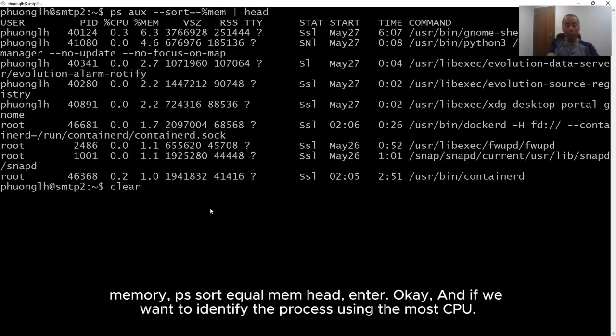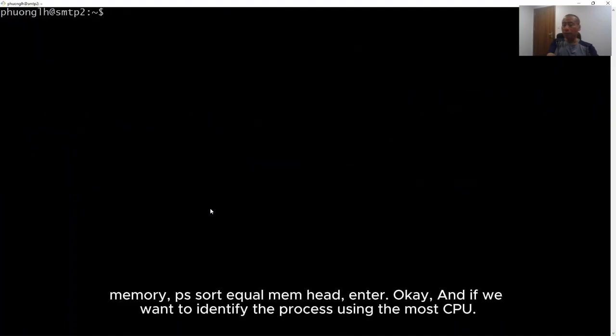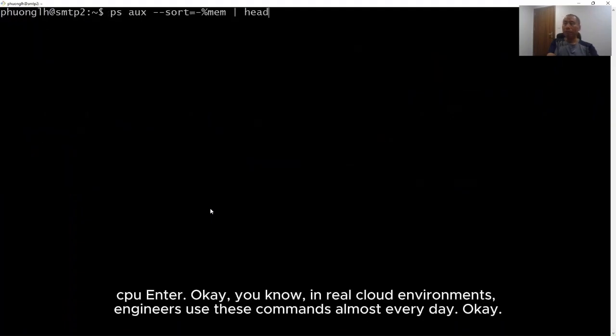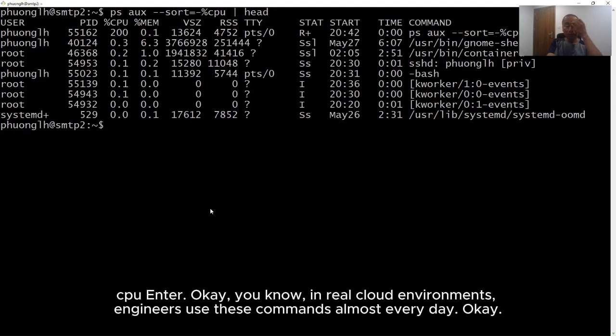And if we want to identify the process using the most CPU, enter. In real cloud environments, engineers use these commands almost every day.